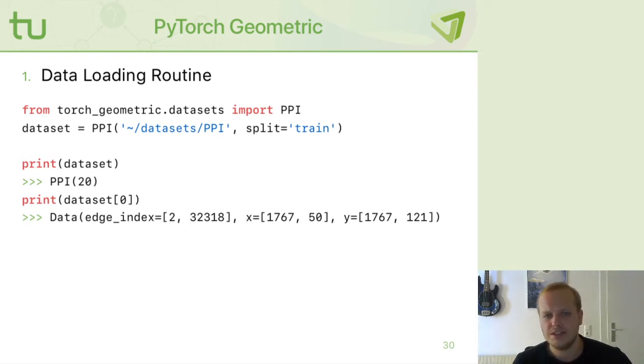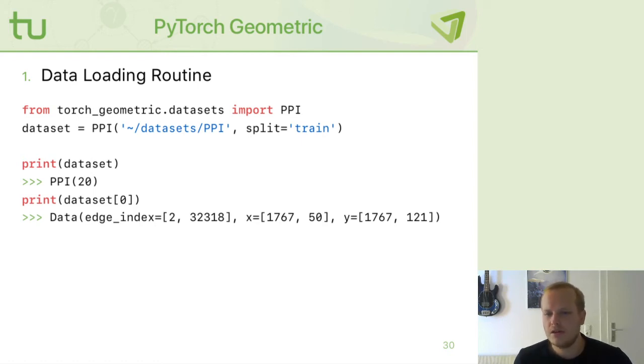And we can see that a graph is stored inside a data container, and that the information about what is present in this graph is nicely laid out to us. So we can see that the graph contains the edge index matrix mentioned earlier, which is here a matrix of shape 2 times the number of edges.